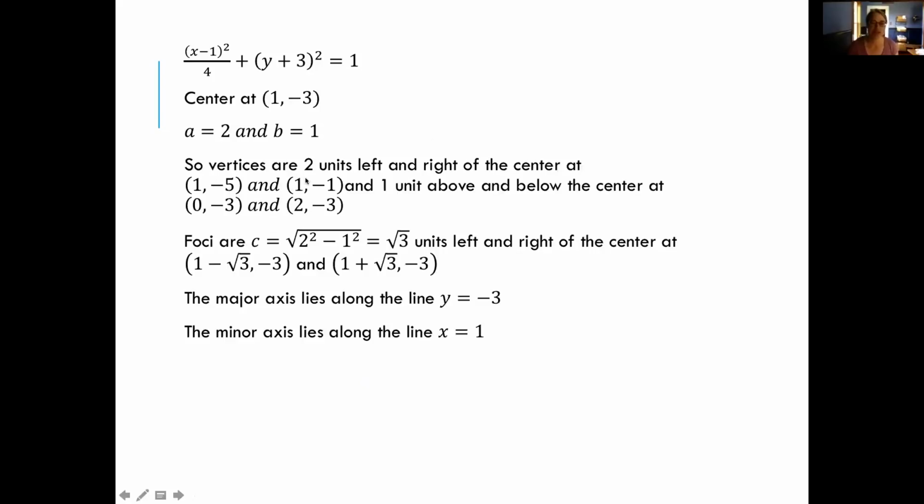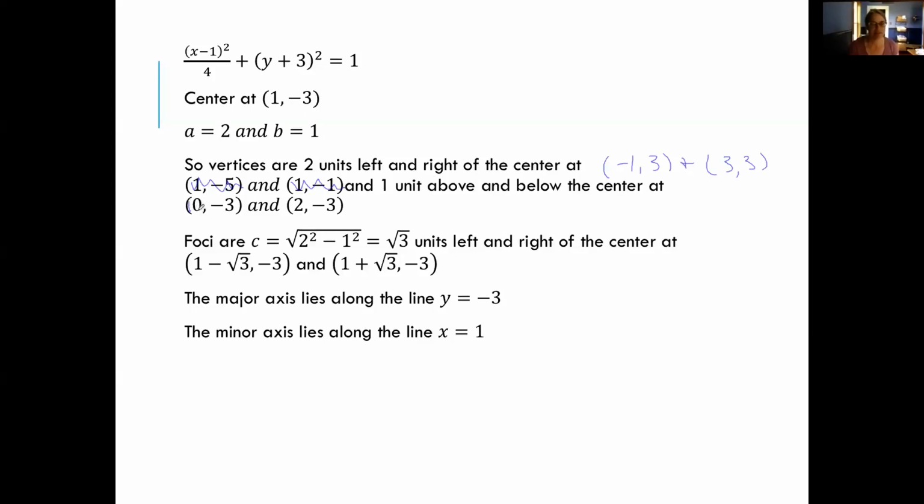So the vertices are 2 units to the left and right of the center, at -1, -3 and 3, -3.